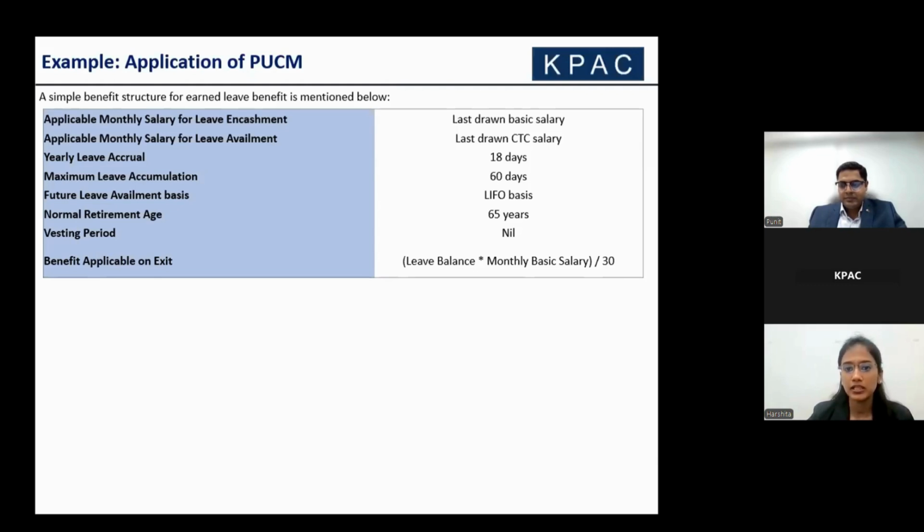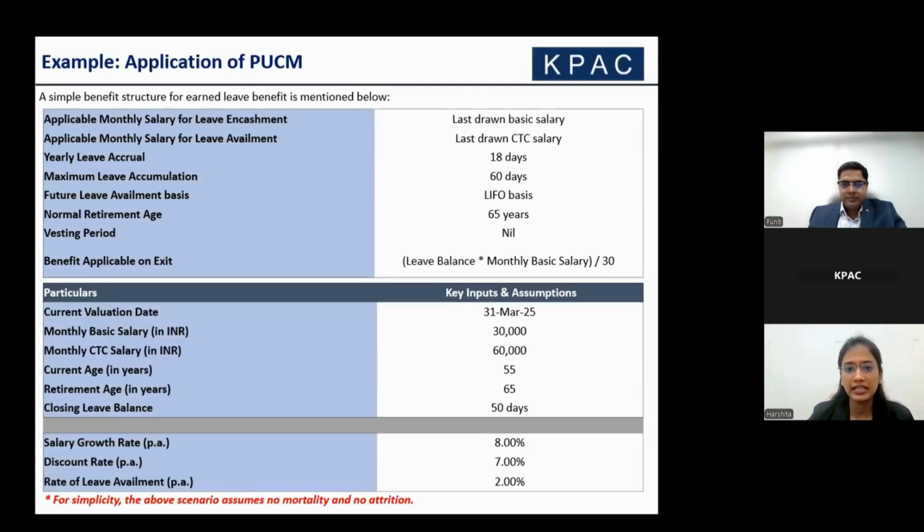Our key inputs include valuation date, that is 31st March 2025, employee's current age, which is 55, monthly basic salary given as 30,000, and CTC given as 60,000. Also, the closing leave balance stands at 50 days.